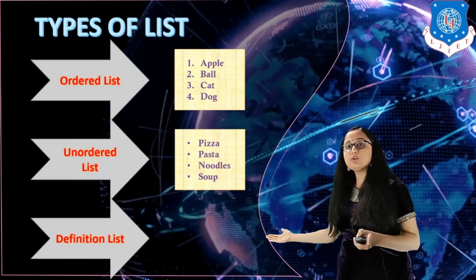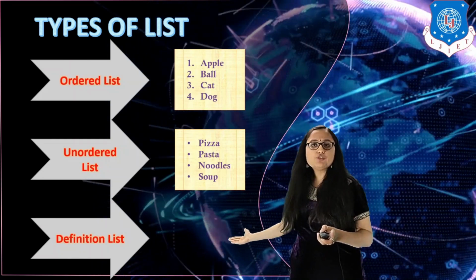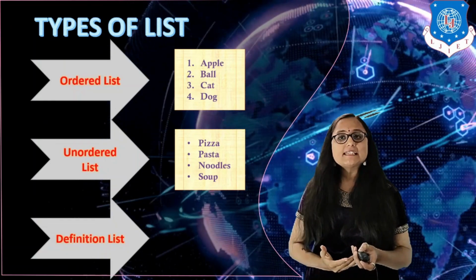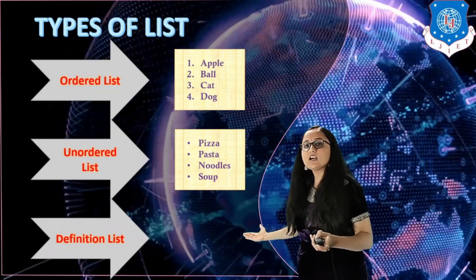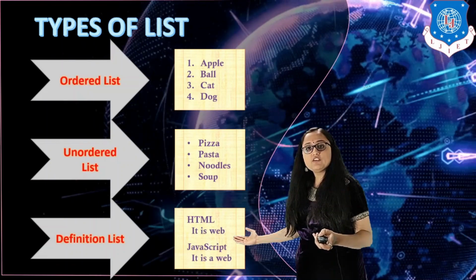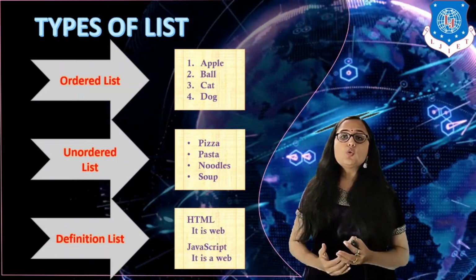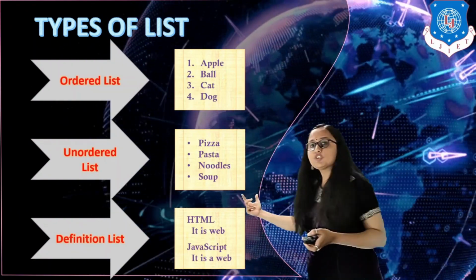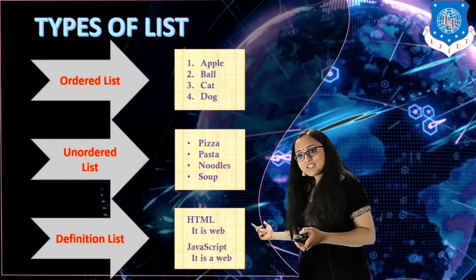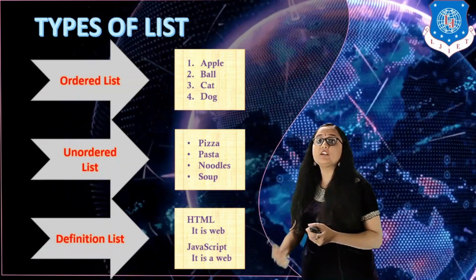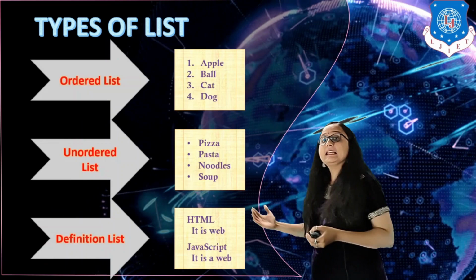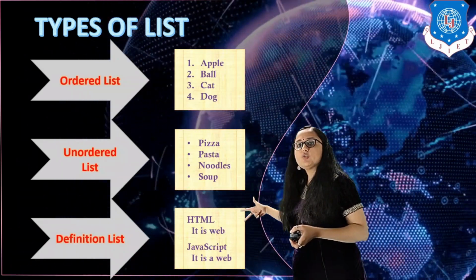And the last type of list, which is rarely used in your HTML web pages but is also one of the types of list in HTML, is the definition list. Now what do you mean by a definition list? Whenever you have some informative websites in which you have a particular topic and the description of that particular topic, and if you have a list of these topics, then you can create a definition list in which you have two terms.